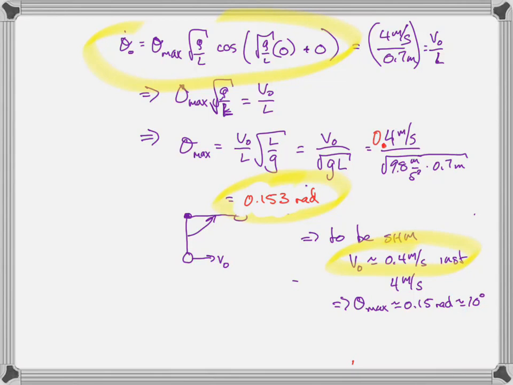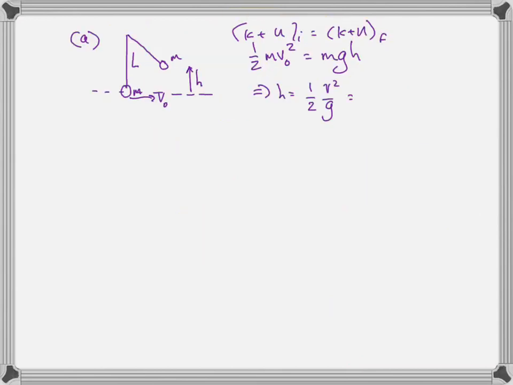That's very reasonable. So before we go on to part B, again using the corrected initial velocity, let me just show you that we could do part A in a way that's a little bit more familiar to you. We could do it from an energy point of view. We give the pendulum a push from equilibrium. It's got an initial velocity V0. It's all kinetic energy. It's going to swing up until it stops, where it's all potential energy.